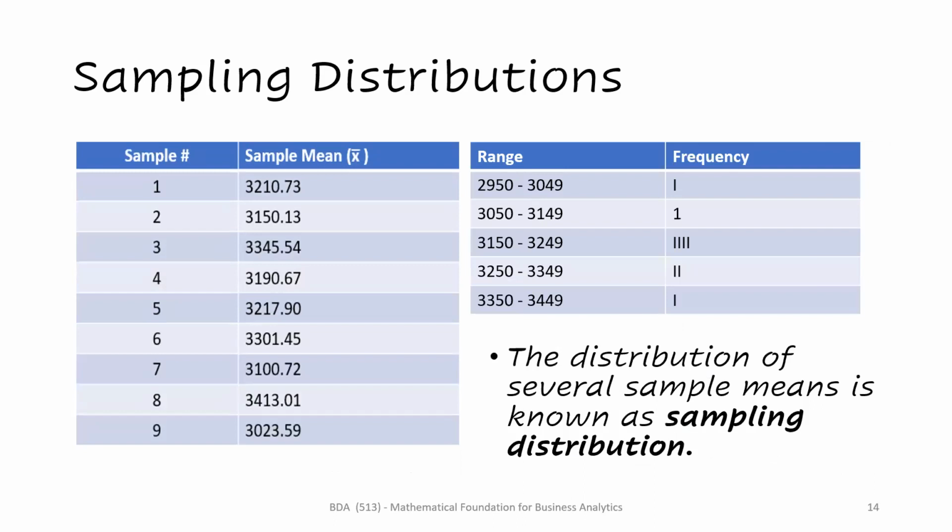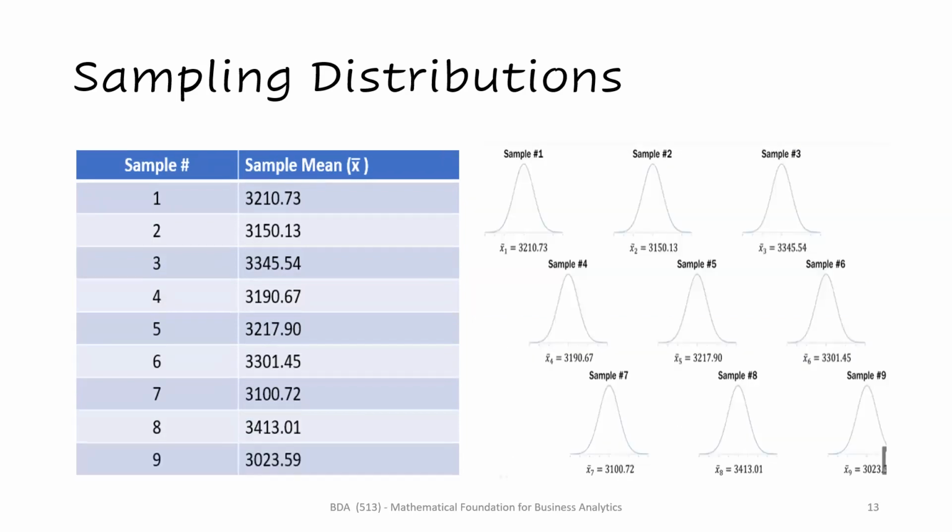Let's say we want to plot what we call a sampling distribution. This is where we do a plot of, remember that we have these 9 different samples.